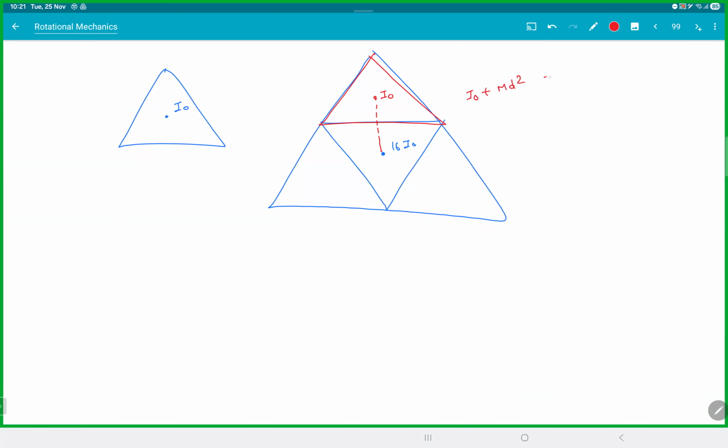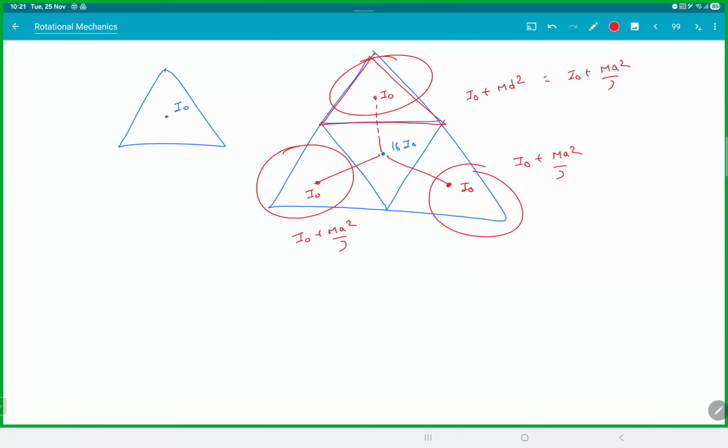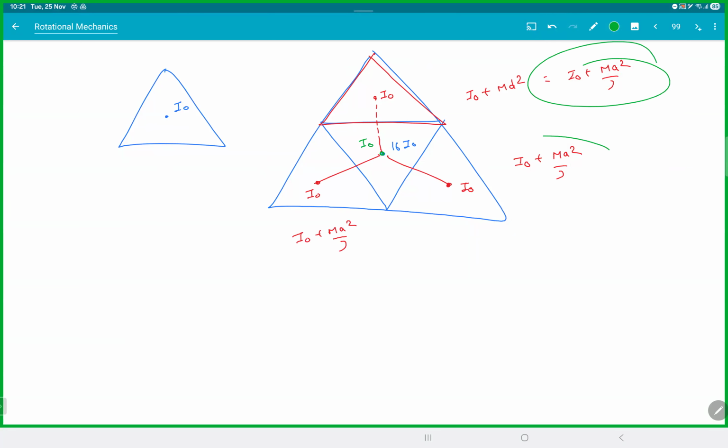And d is nothing but a by root 3, that will be ma square by 3. Similarly, for this triangle, this is also I naught. So when I use the parallel axis theorem, this also will be I naught plus ma square by 3. This triangle is also I naught. When I use the parallel axis theorem, this also becomes I naught plus ma square by 3. That means for these three triangles, when you shift them to this center, it will be I naught plus ma square by 3. And the fourth triangle, which is in the middle, that one itself is I naught. So now I'm saying this one plus this one plus this one plus this one must be equal to 16 I naught.